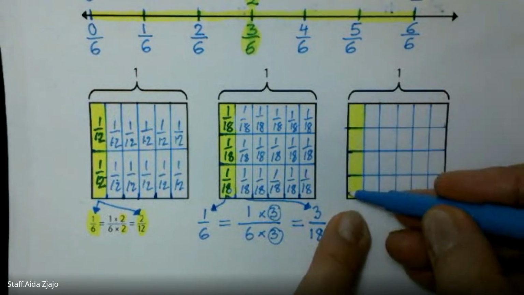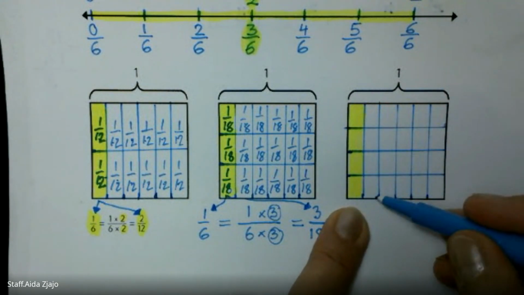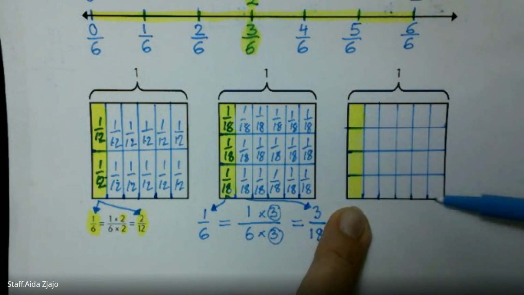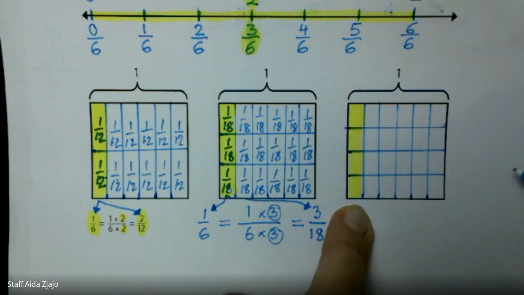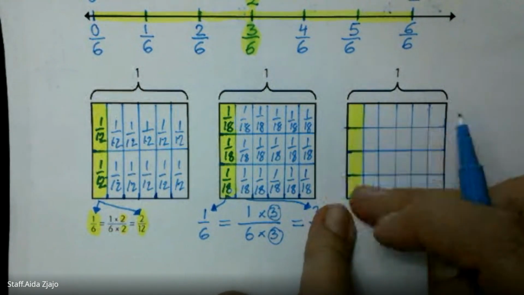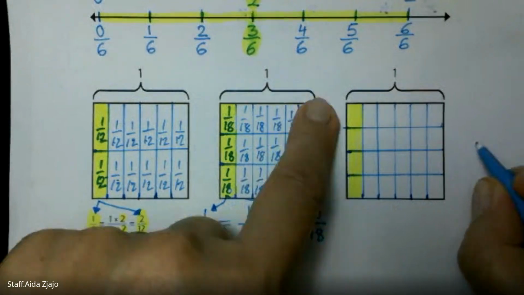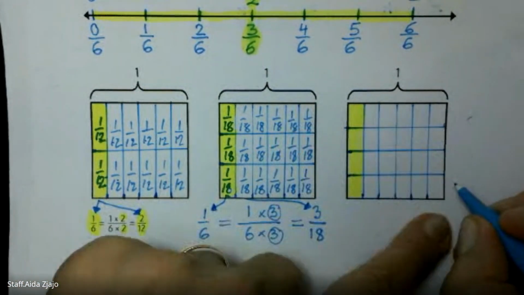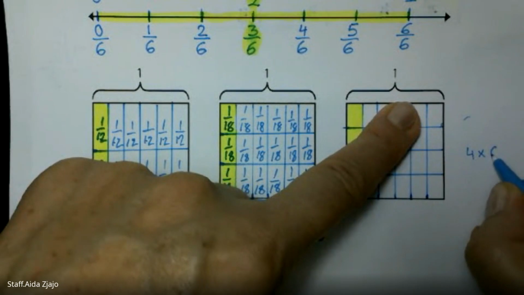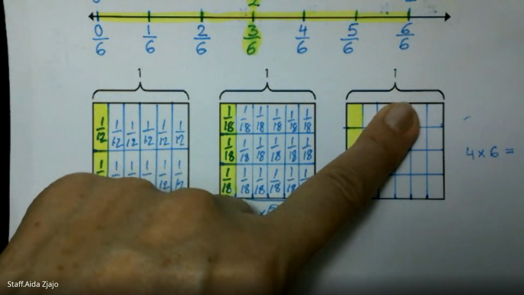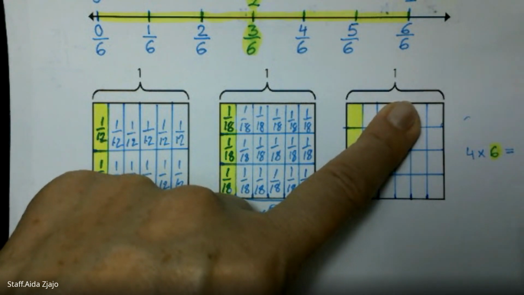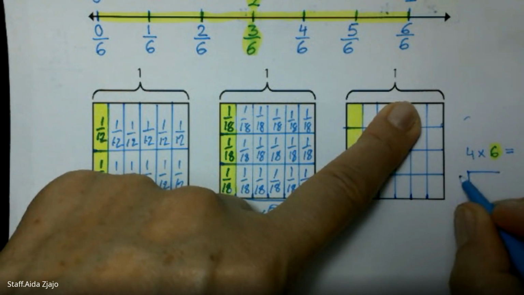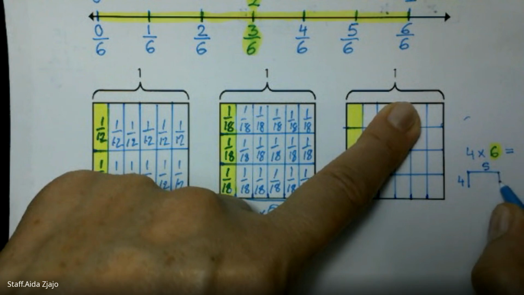I know that this is 4 and this is 6. If I use my multiplication, 4 times 6 is 24. If you don't know what it is, you can count, or you can say, I know this is 4 and this is 6, so 4 times 6. Even if you don't know 4 times 6, you can decompose 6 into 5 and 1, like a little area model.